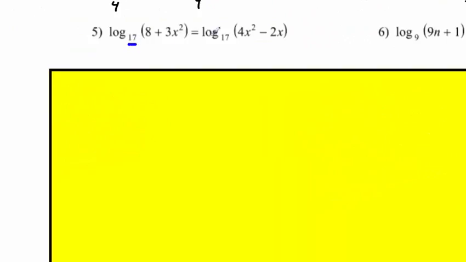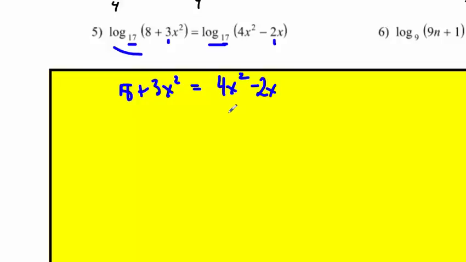For number 5, I can think about this. I have a log 17 here and a log 17 on the other side of the equation. So if I divided these out, that means the only way that these two would be equal is if these two expressions were equal. So therefore I can say then 8 plus 3x squared has to equal 4x squared minus 2x. So now I can just set those equal and move things around and solve. So if I move this over, I get x squared, and I have the minus 2x, and move the 8 over, minus 8 equals 0.